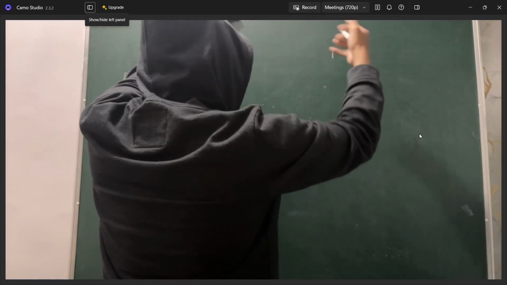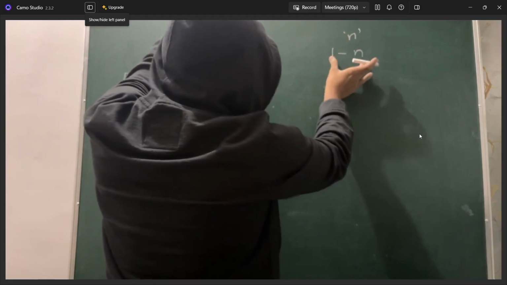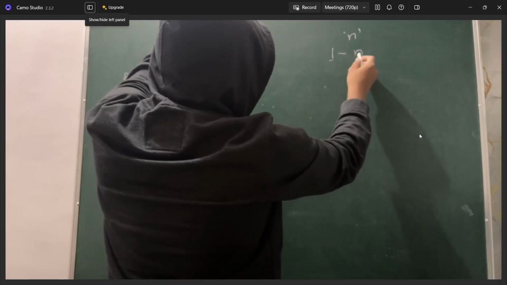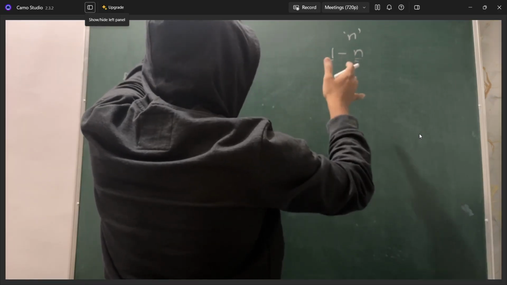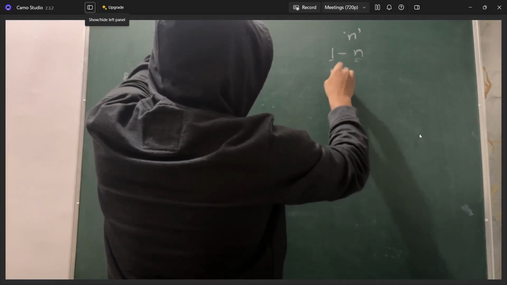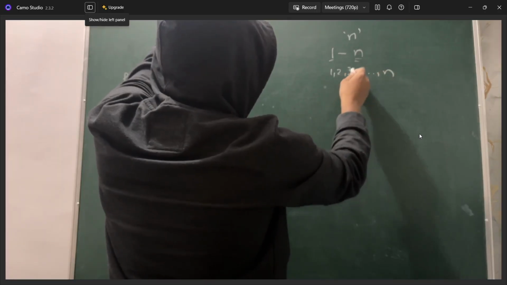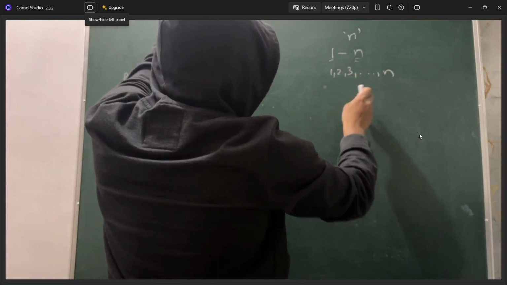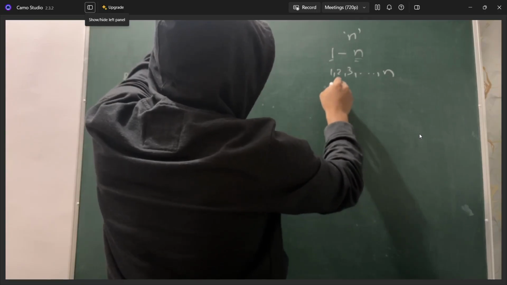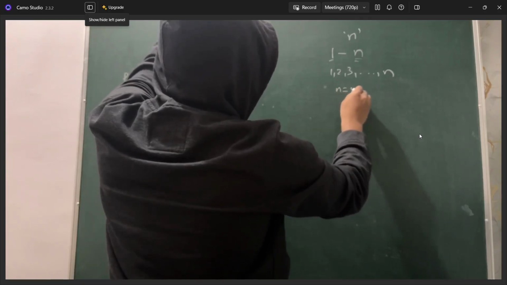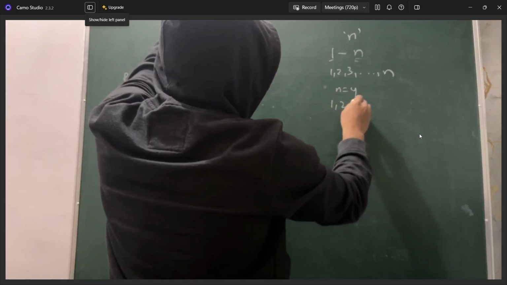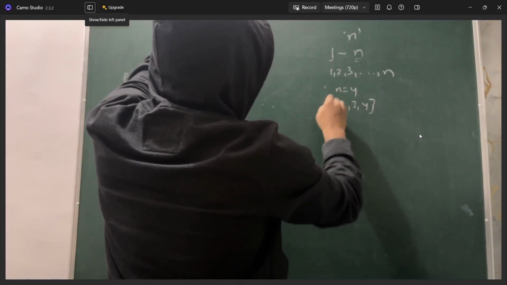Since the array length is n and you start from 1 till n, it is obvious that you will have 1, 2, 3, up till n, with no element repeated twice and no missing elements. Let's say n is 4.